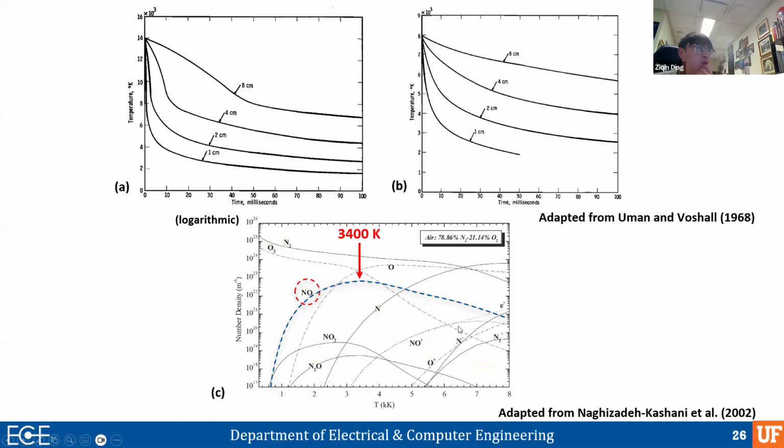And for the lightning channel, when it cools down from 3000 Kelvin to 3400 Kelvin, we see that nitric oxide will first increase by 2 orders of magnitude, and then it will decrease by 2 orders of magnitude after this 3400 Kelvin. Which means that for infrared emissions, this nitric oxide is mainly responsible for that hump, as compared to other chemicals, ions or other molecules in the atmosphere.